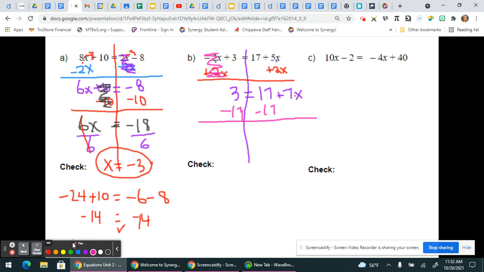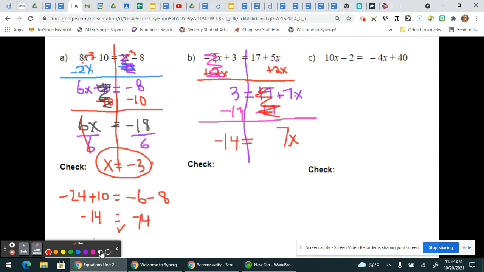When that happens, my 17s cancel. Positive negative 17 eliminates. That's what we wanted. And I'm left with just 7 times x on the right, which is now equal to, over here, my 3 minus 17, which is a negative 14.